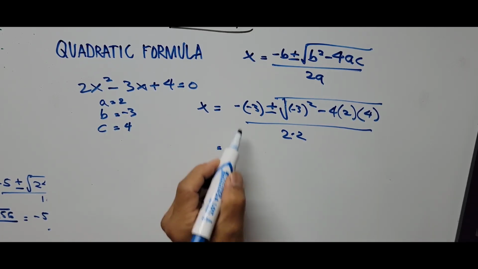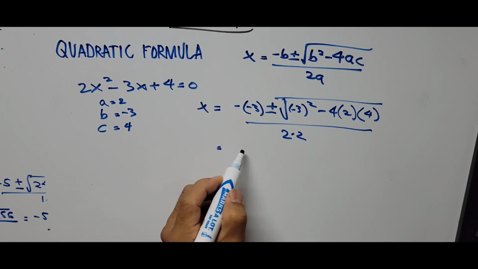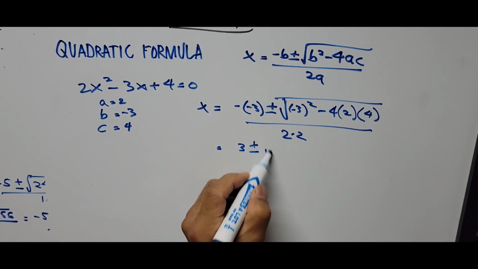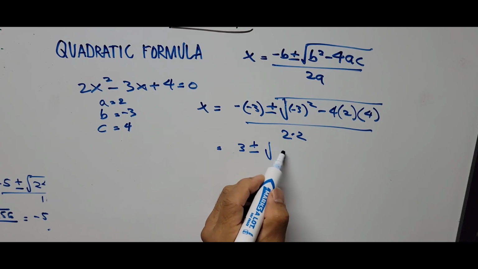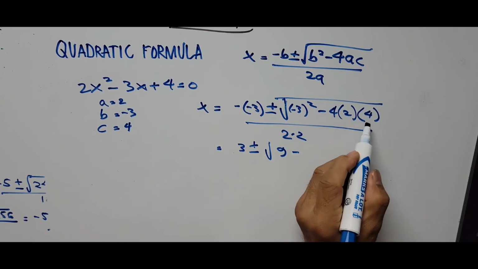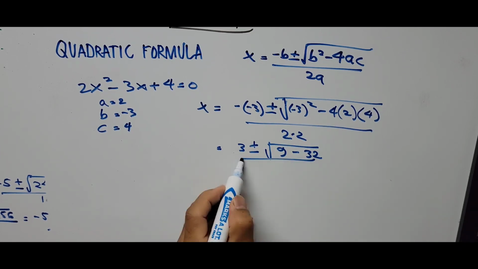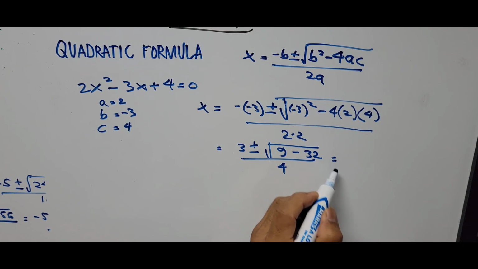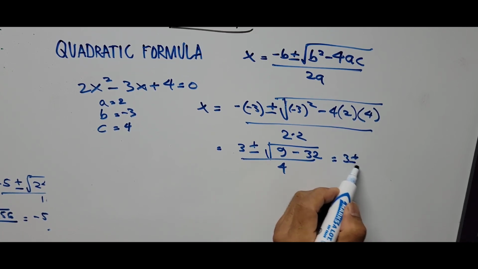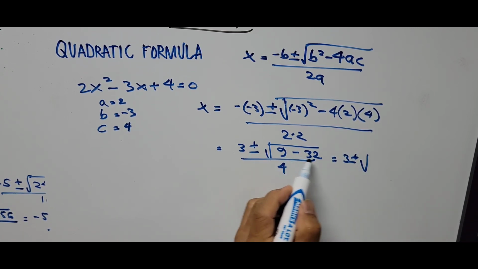Okay, simplify. Negative times negative is positive, that's 3, plus or minus the square root of negative 3 squared, that's 9, minus 4 times 4, 16 times 2 is 32, divided by 4. So 3 plus or minus the square root of 9 minus 32.